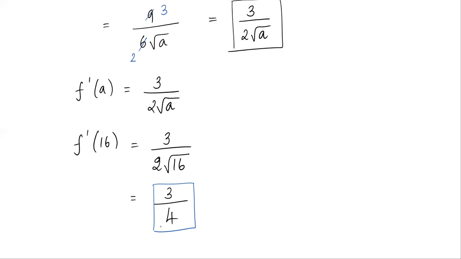So we were able to come up with a definite numerical answer because your a was given to be at a specific point. a was 16, so we got this. So I could call this the general derivative for f of x equals 3 square root of x at x equals a.